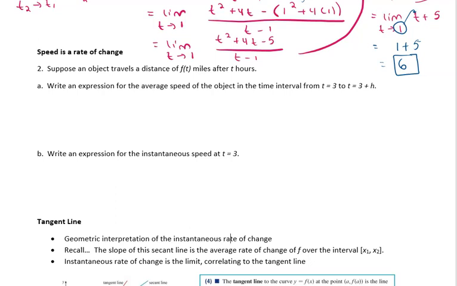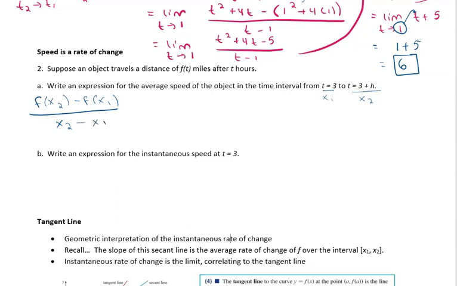Suppose an object travels a distance of f of t miles after t hours. Write an expression for the average speed of the object in the time interval from t equals 3 to t equals 3 plus h. So if we think about our equation we just had, this would be our x2, our second time interval, and this would be our x1, our first time interval. Remember our equation said f of x2 minus f of x1 all over x2 minus x1.